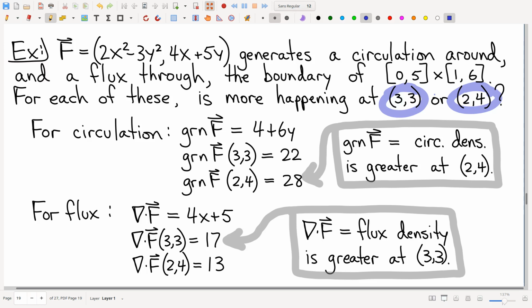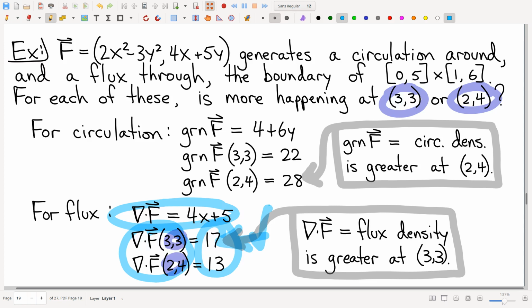Well, look at your flux density and plug in these 2 points. Our flux density is divergence. You can evaluate that divergence at these 2 points. You can look at the results and see which one is bigger. That's the one.